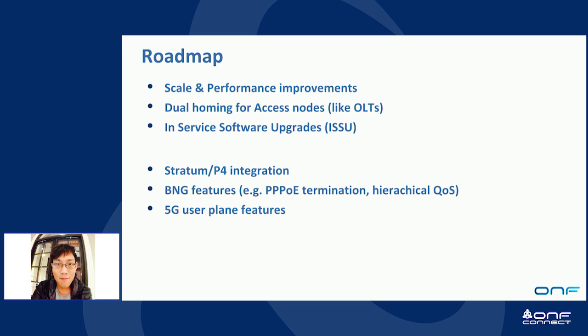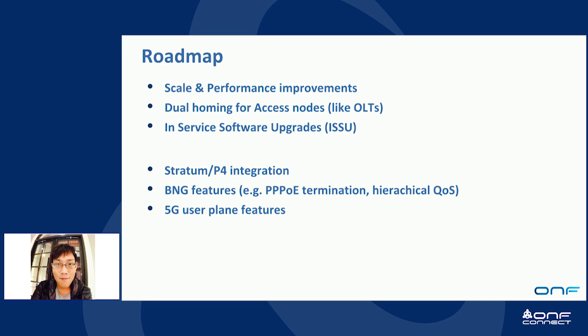So, moving forward, there are several things we would still want to do. For the features of Trellis itself, of course, scale and performance improvement is always a long-lasting battle. You always see a scale problem when you reach that scale, so this is always going to continue.